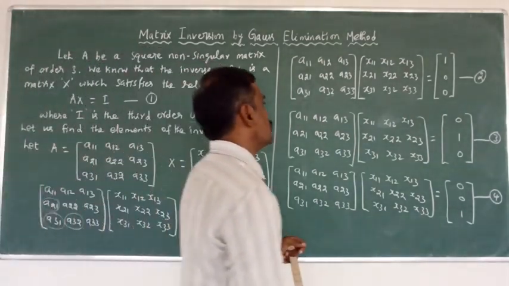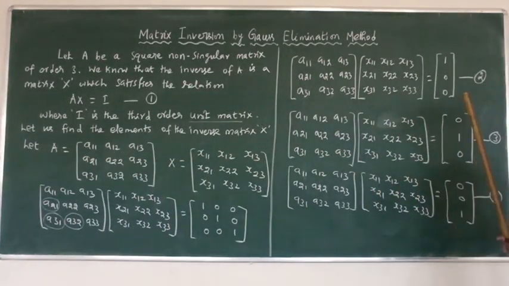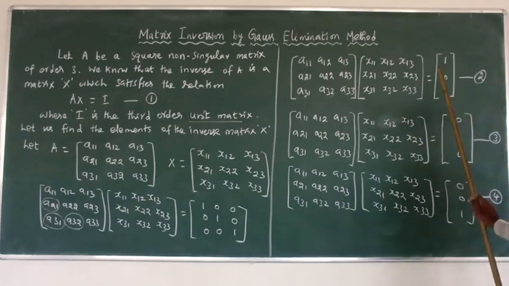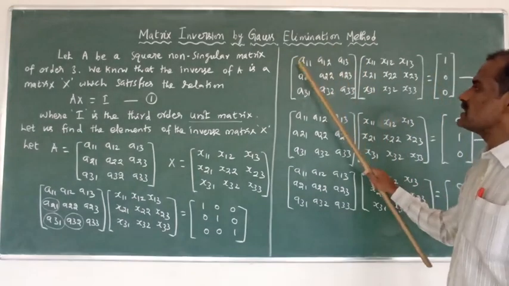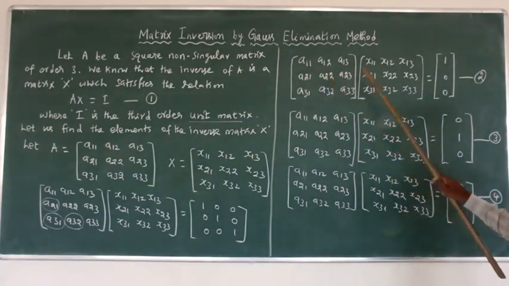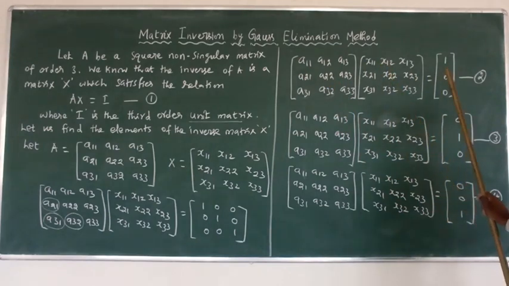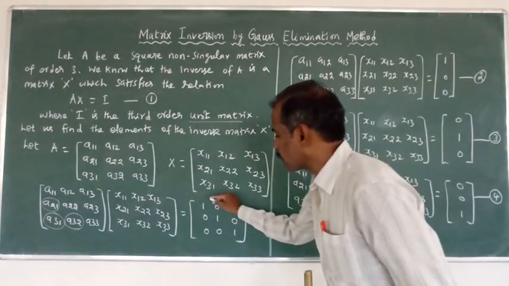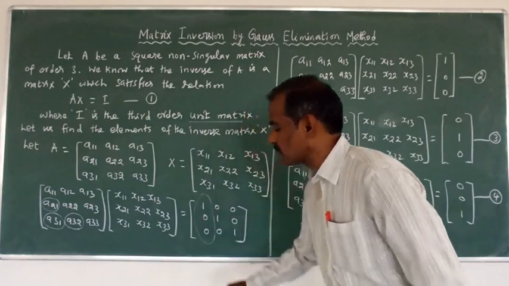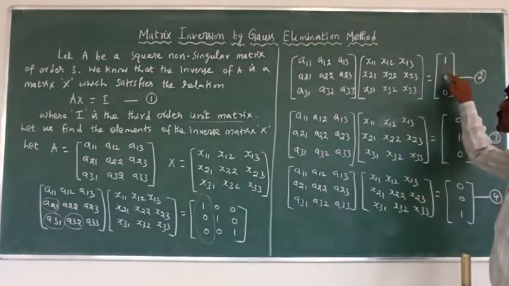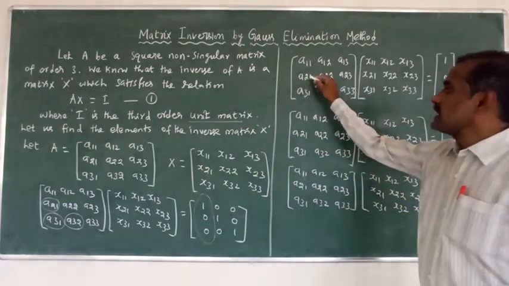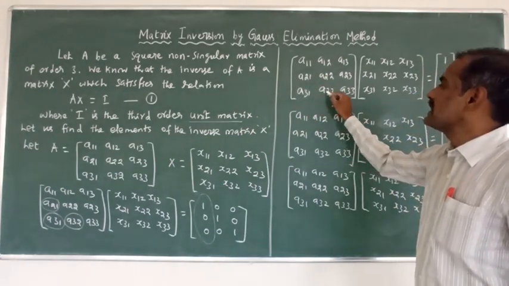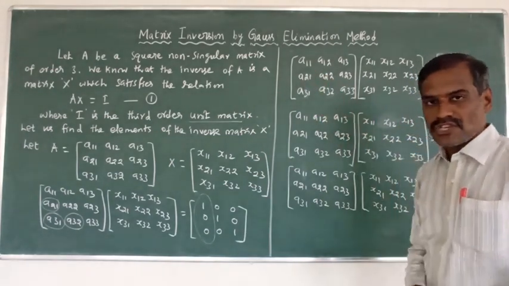Now we can get three equations: equation 2, equation 3, and equation 4. In equation 2, this is for A and this is for X, and for I we take only the first column. Here A21, A31, A32 are all zero.